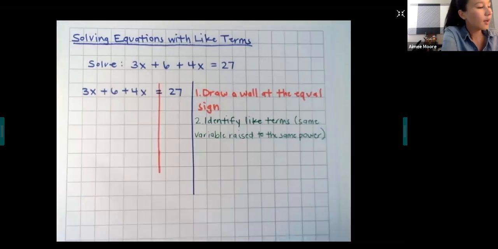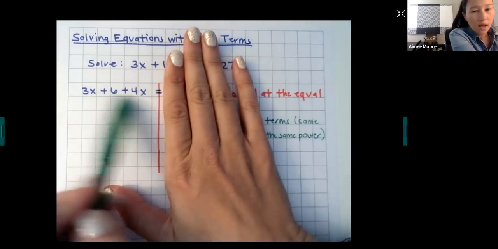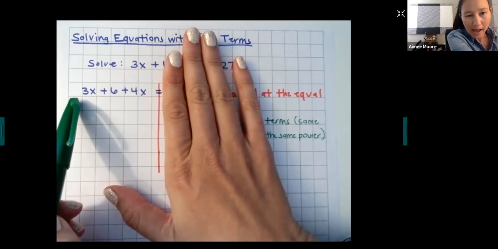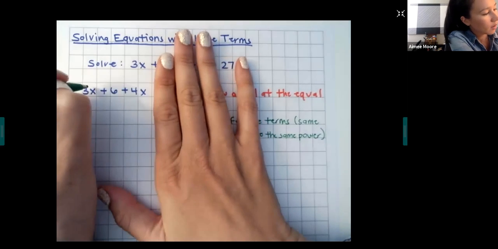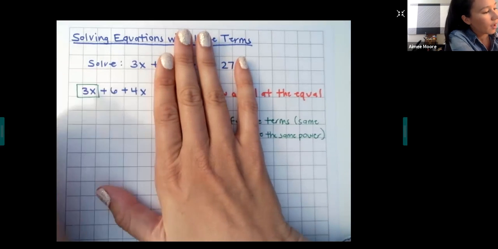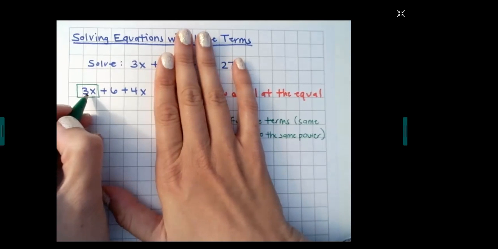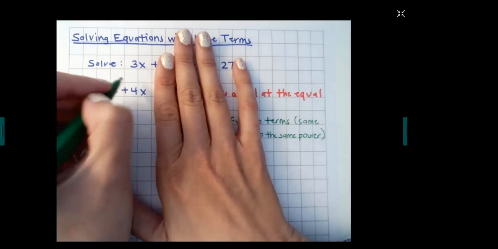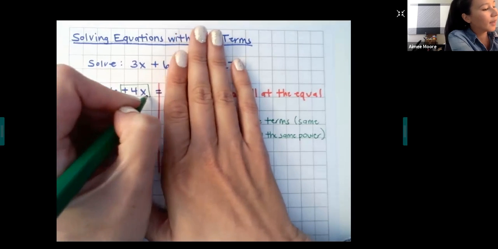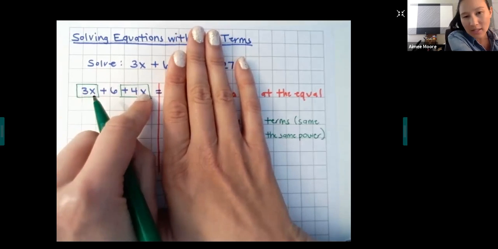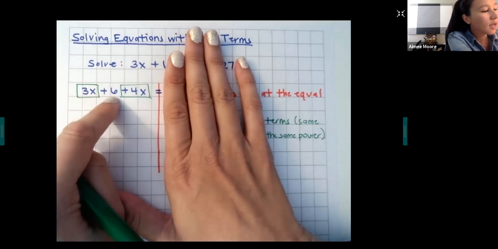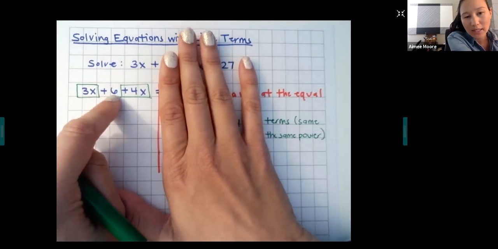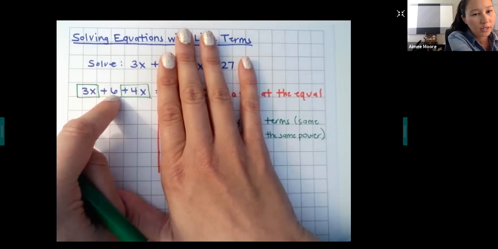So looking on this side of our wall, what like terms do we have? The 3x and the 4x. Good, Dakota. Yep, because they both have x to the first power. And the 6, there's nothing that we can combine with the 6 because there's no other plain integers.